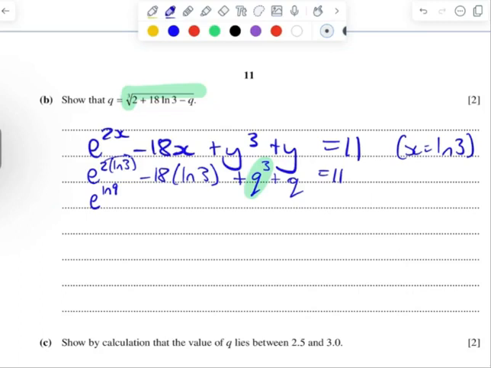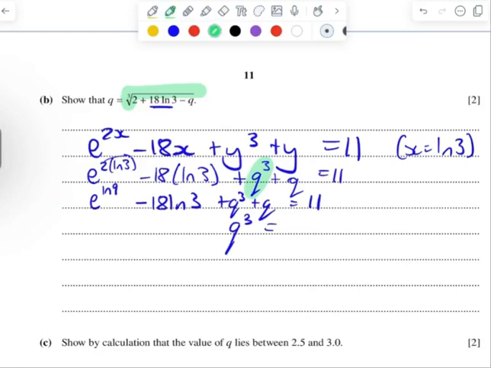Okay, minus 18 ln 3. I'm leaving it like that because I can see I've got something like that over there. Plus q to the power of 3 plus q is equal to 11. Now I'm going to make q to the power of 3 the subject of my formula.